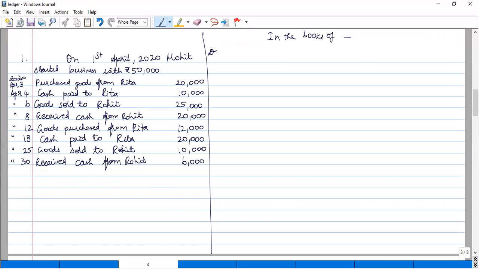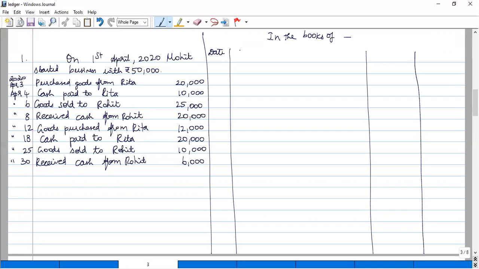As date is given, we'll have the date column, then particulars, debit amount and credit amount.